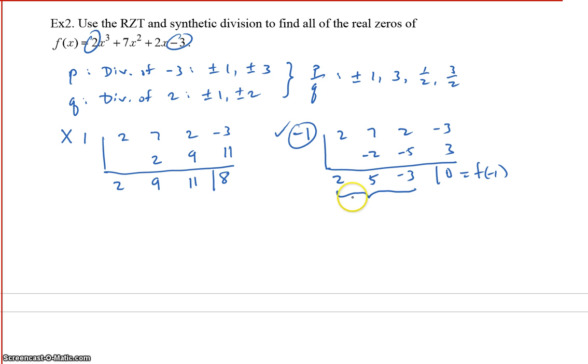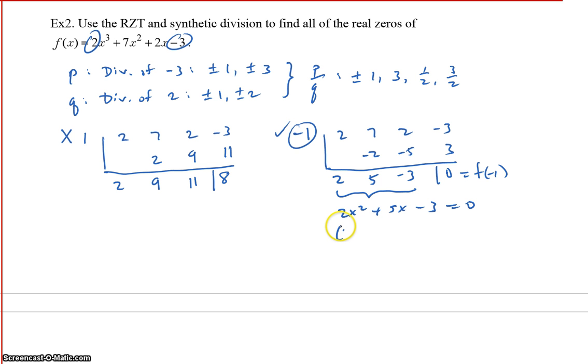The quotient has a degree 1 less than the degree of f, so this would be 2x squared plus 5x minus 3. If we set that equal to 0 and solve for x, we can hopefully find the remaining zeros of this polynomial.